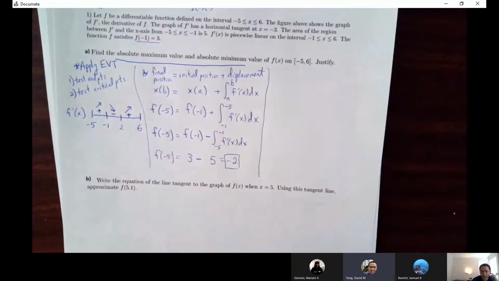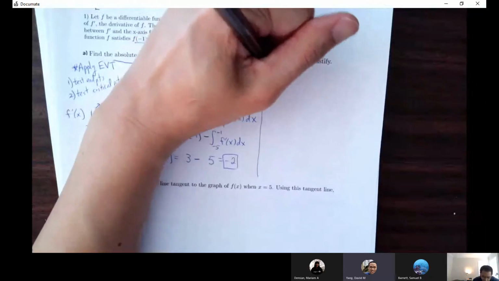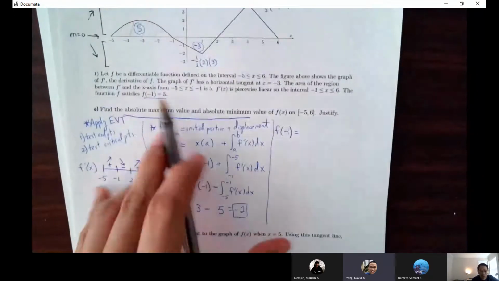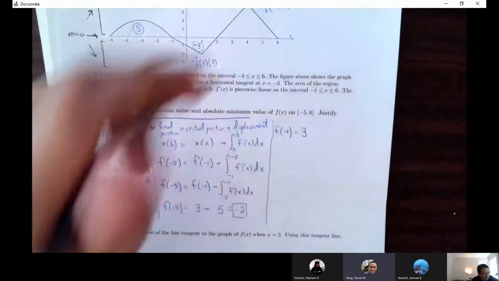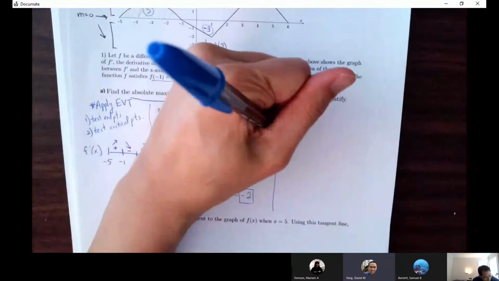And now we'll seek out the locations for the others. So let's find f of -1, going through the same process here. Well, the nice thing is f of -1 is already given to us, so not much effort there. Now let's test my other critical point, f of 2.